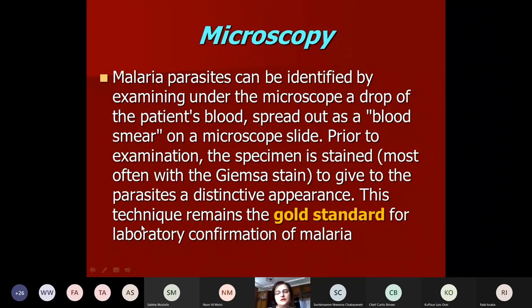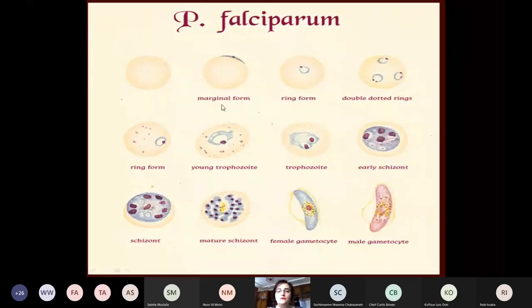This technique remains the gold standard for laboratory confirmation of malaria. Thick and thin smears are the gold standard, and under the microscope you will try to find, for falciparum, such red blood cells.